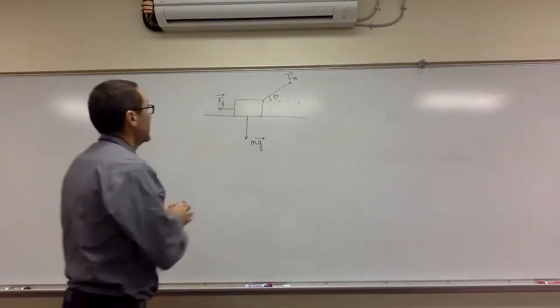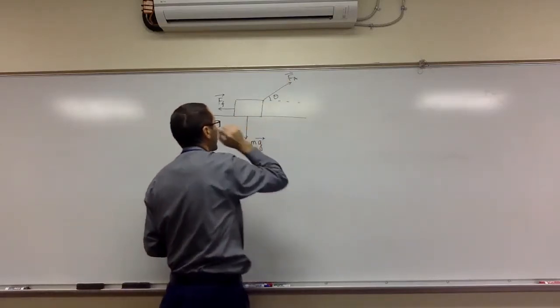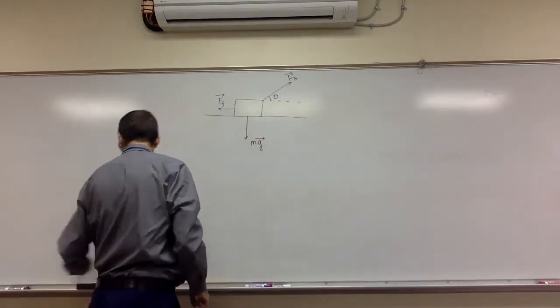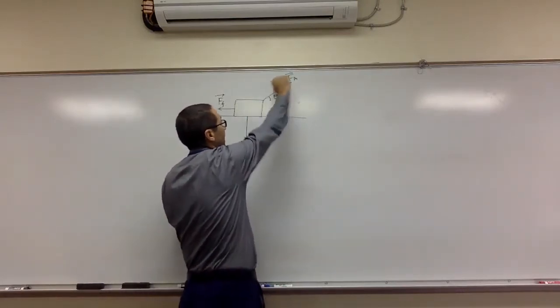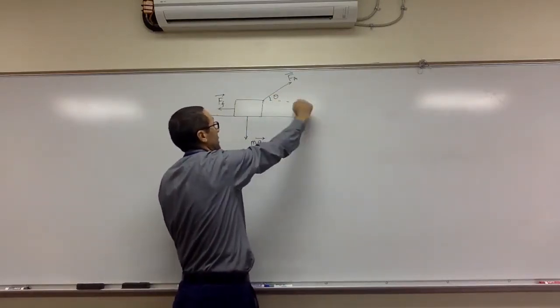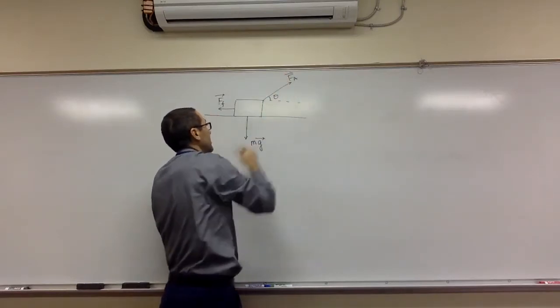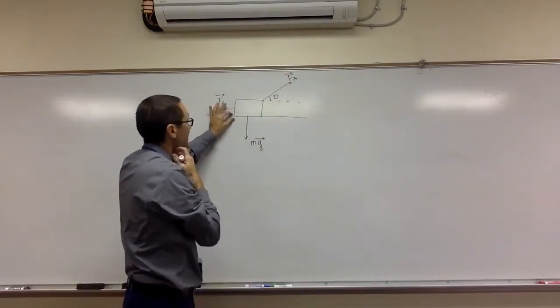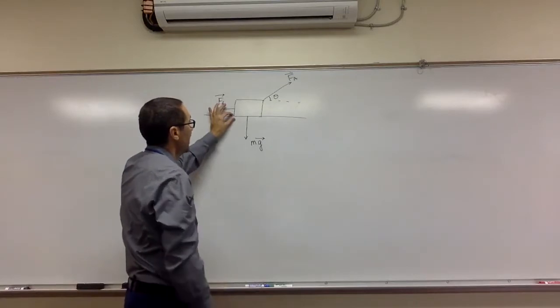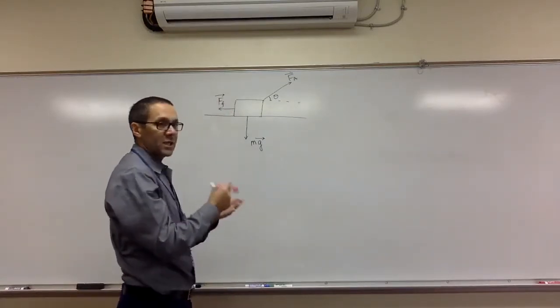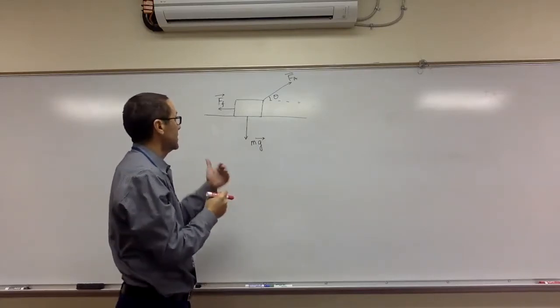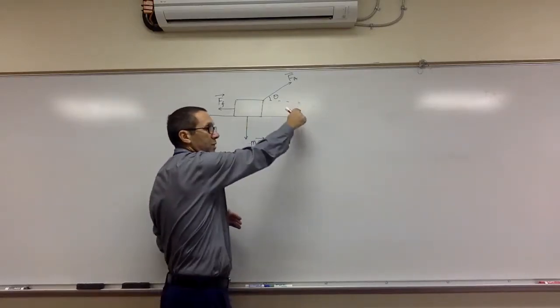Now, if I'm pulling up, the normal force should be less than the weight. The reason is that as you're pulling to the right, you're also pulling up, so the contact between the block and the surface is weaker. In other words, the block is not pushing as hard on the surface as if this force was parallel.